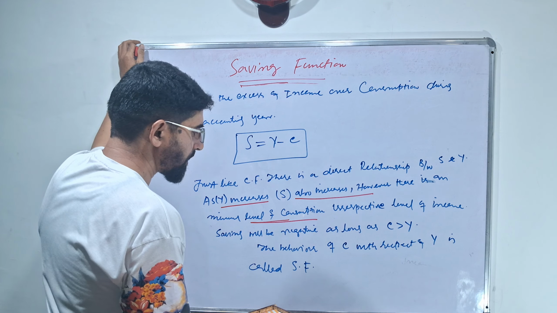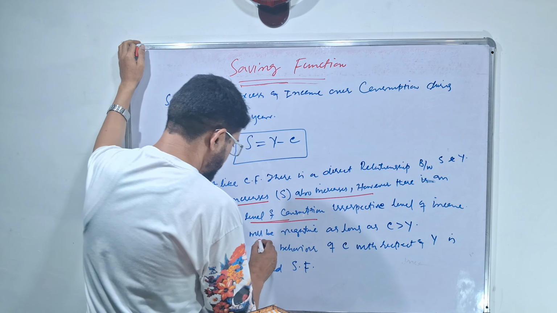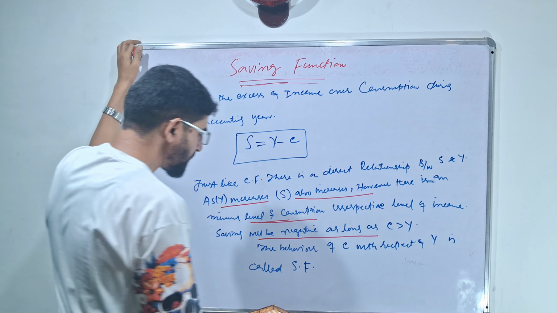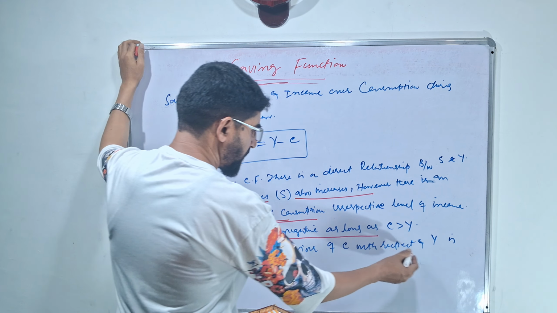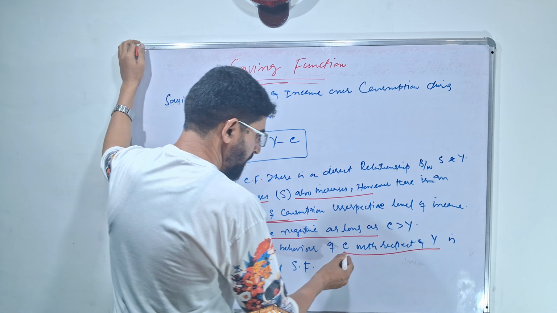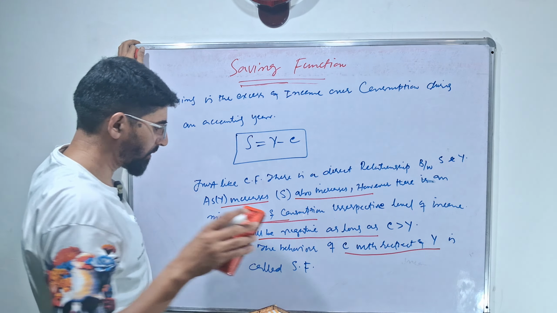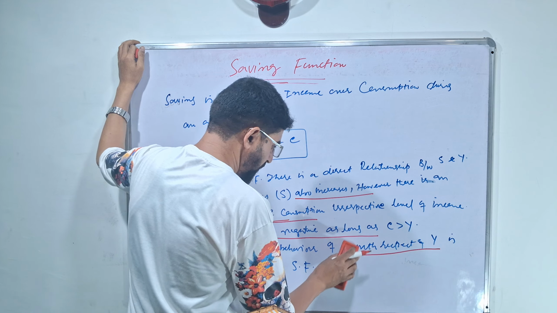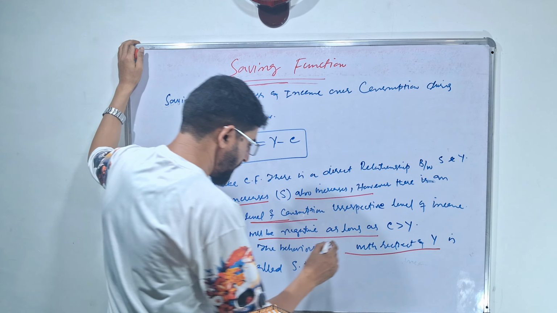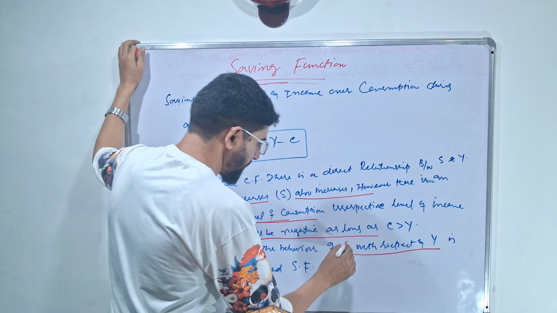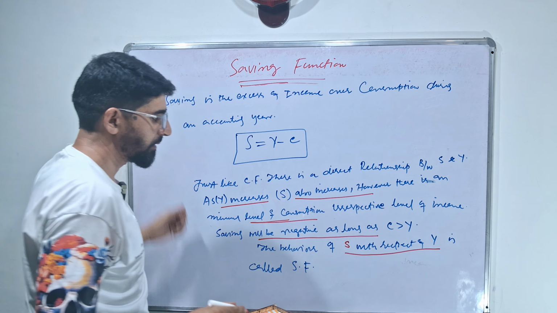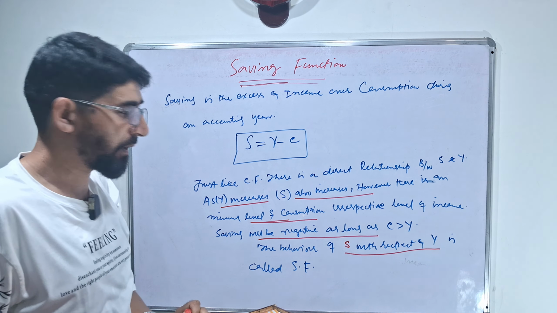Saving will be negative as long as consumption is greater than the level of income. The behavior of S with respect to Y is called the saving function.